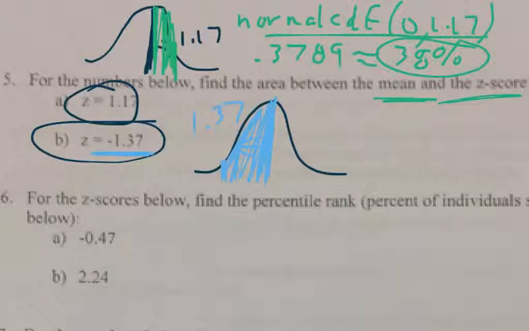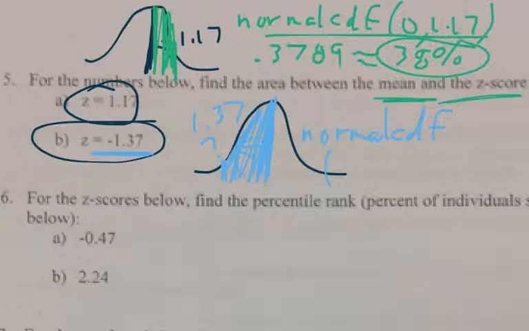Now notice, guys, how I just phrased it. When I do normal CDF, because remember, I'm trying to find a percentage, and I already know the score, right? It was z negative 1.37. So that's why I'm using normal CDF, okay? But notice I always read from left to right. So what's the left mark? It's right there, right?